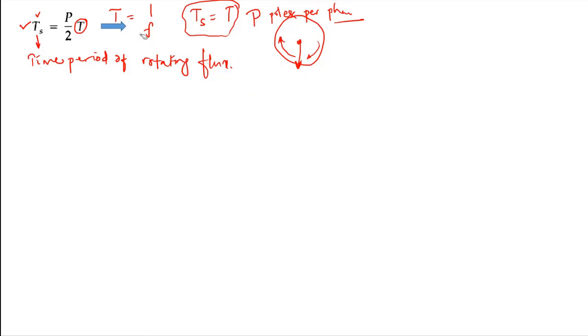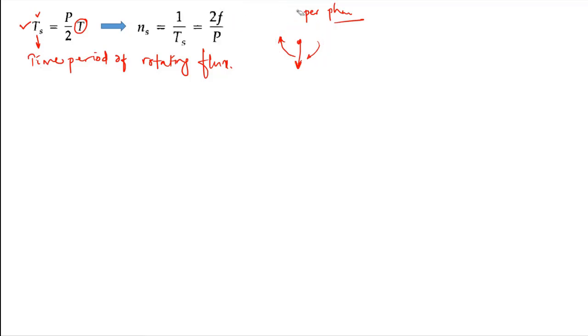So now what will happen again? So let us erase it. Now your speed of the rotation, that means revolution per second, the speed of rotation of the rotating flux will become 1 by Ts, right? Because for one revolution it is taking Ts seconds, so in 1 second how much will it revolve?